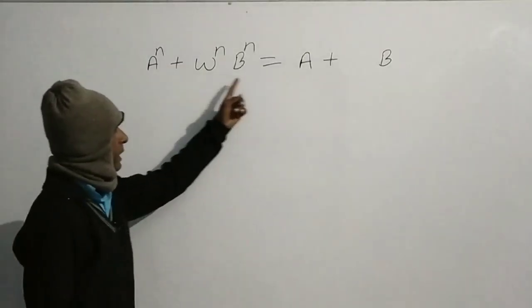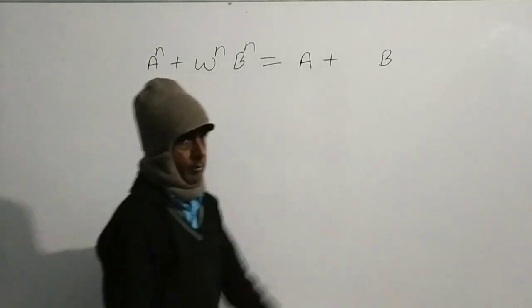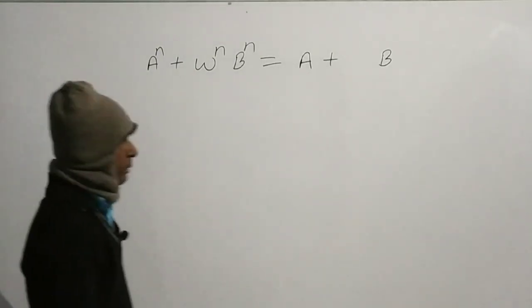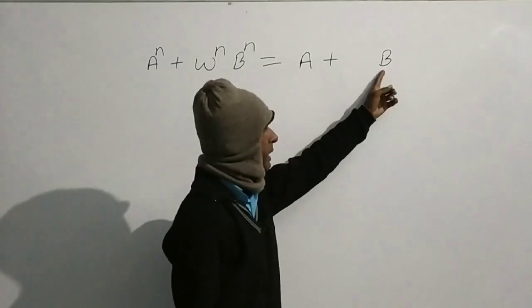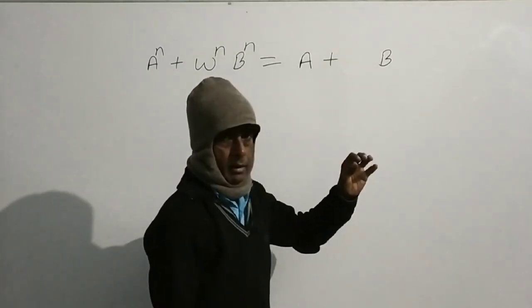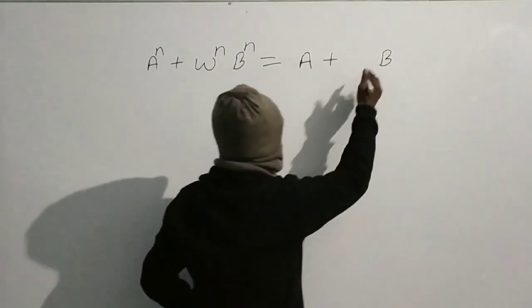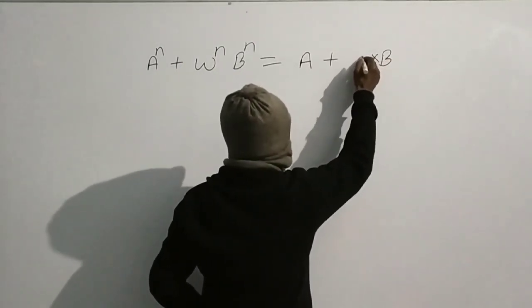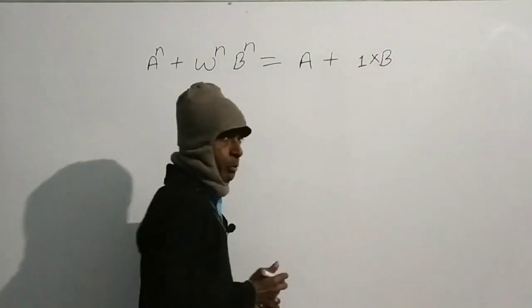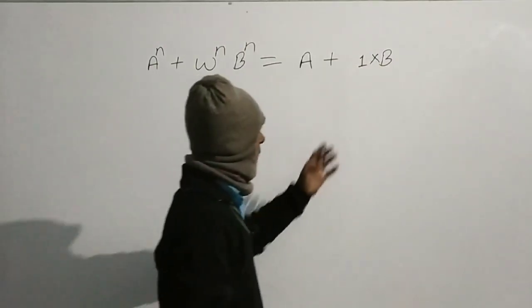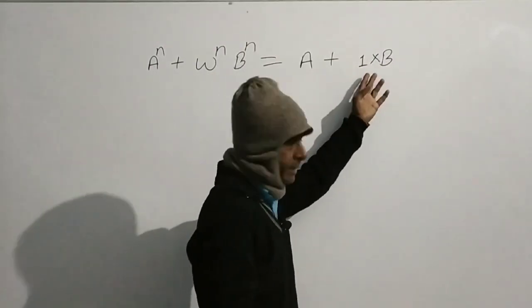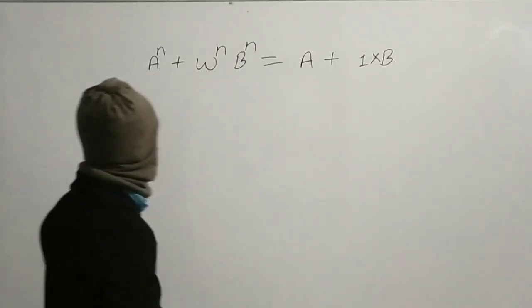This is an equation. If we multiply b by 1, it will make no difference, because 1 times b will be equal to b. Therefore, there will be no change in the equation.